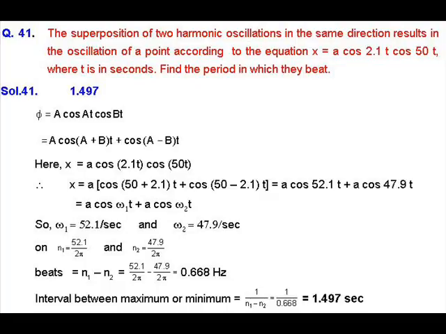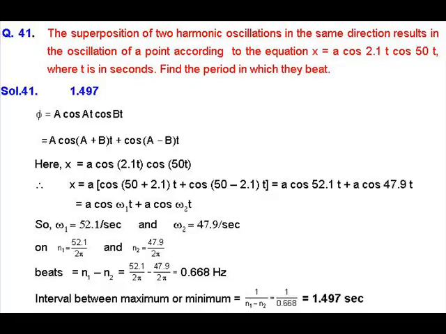That implies x is the superposition of two harmonic oscillations, and these equations are x1 equals a cos of 52.1 t and x2 equals a cos of 47.9 t, where omega 1 is 52.1 per second and omega 2 equals 47.9 per second, or corresponding frequencies n1 equals 52.1 divided by 2 pi and n2 equals 47.9 divided by 2 pi.